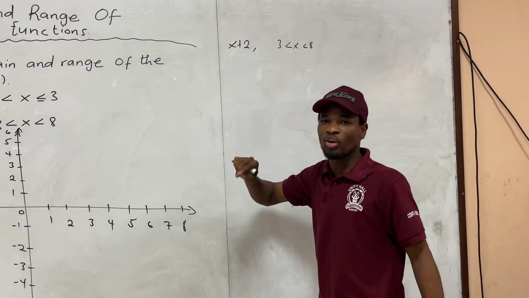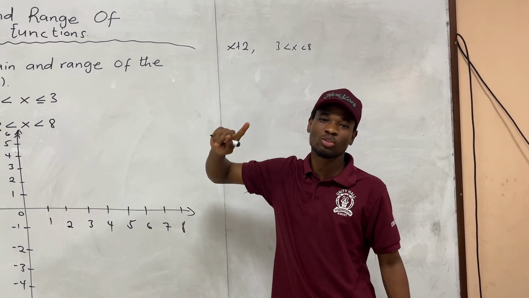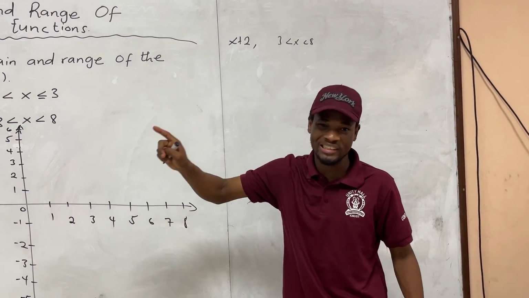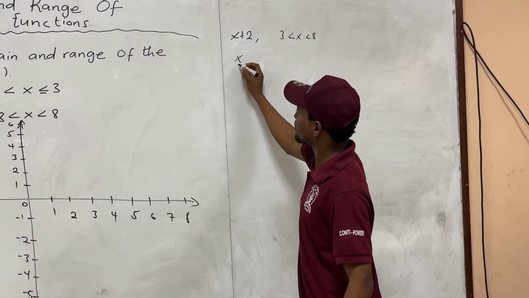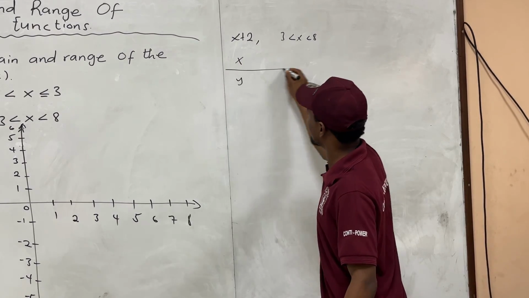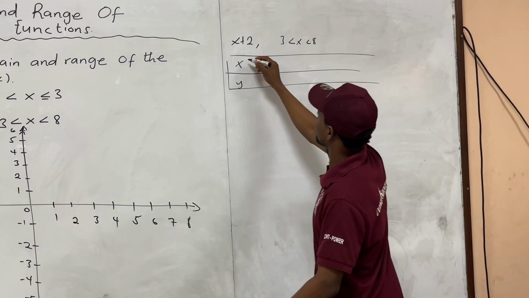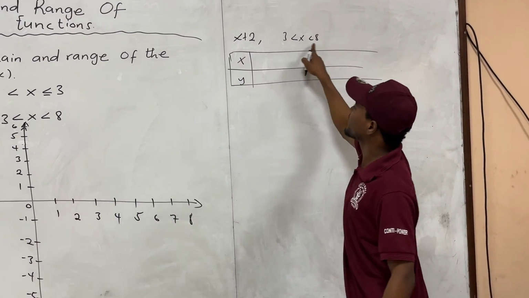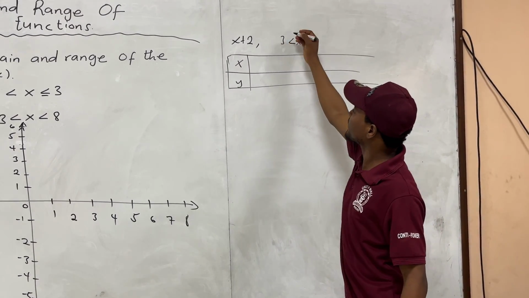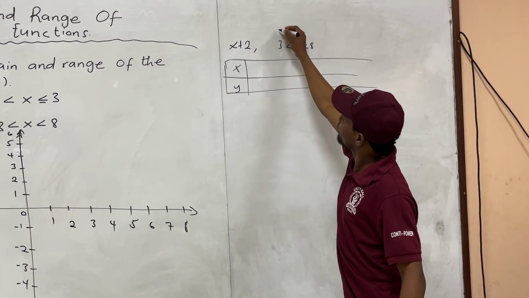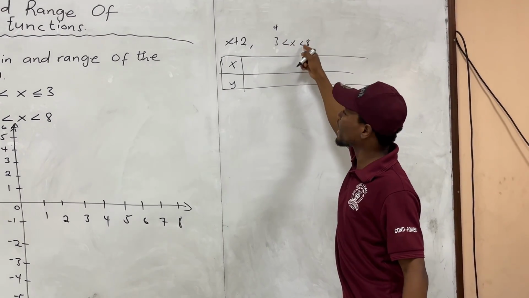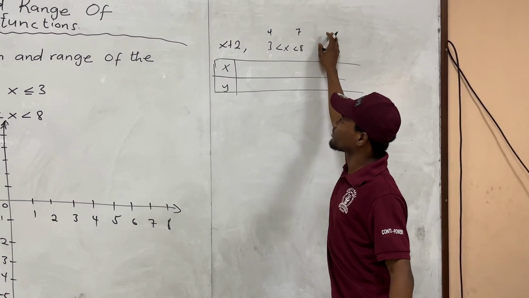Because I'm going to plot, I need my x coordinates as well as my y coordinates. So I have my x and my y this way. This simply means I'll start from somewhere from 4 and I'll end at 7.